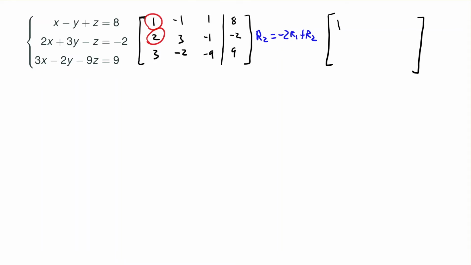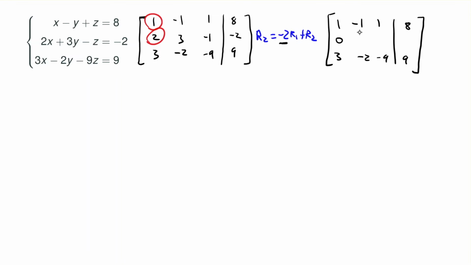Well, row 1 doesn't change, so I'm going to copy row 1. Row 3 also doesn't change, so just copy from the previous step. And now here, I'm going to multiply -2 to row 1, which is -2, plus 2 gives us 0, which is what we wanted.